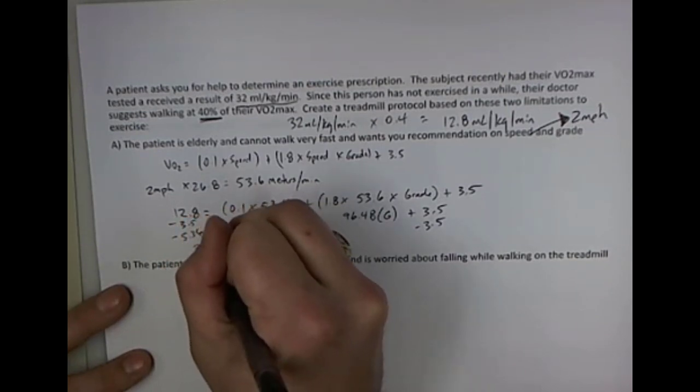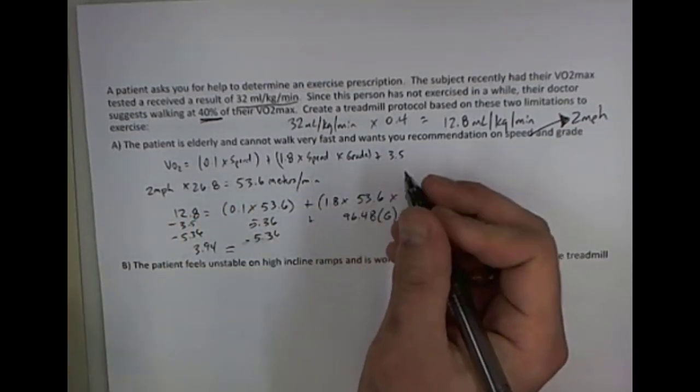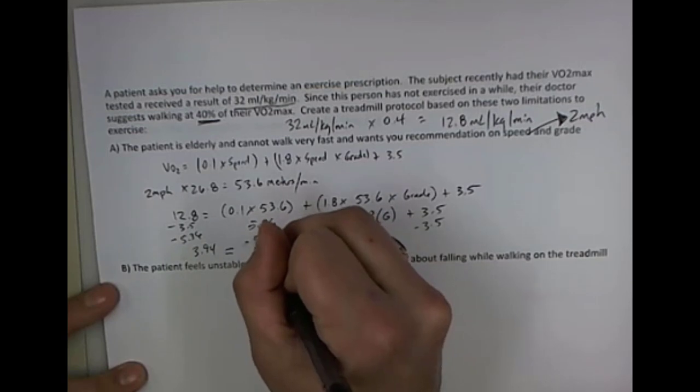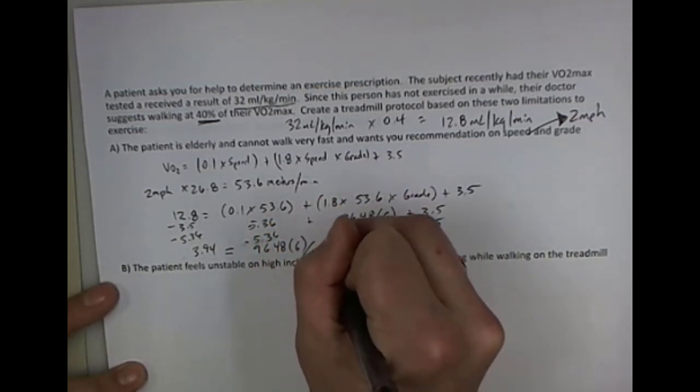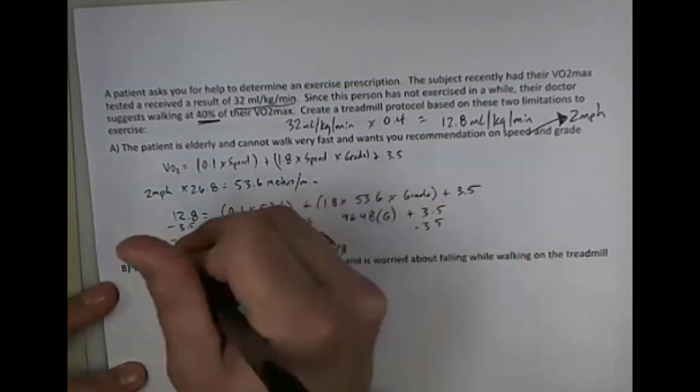That gives us 3.94 is equal to 96.48 times our grade. Last but not least, we need to divide both sides by 96.48.